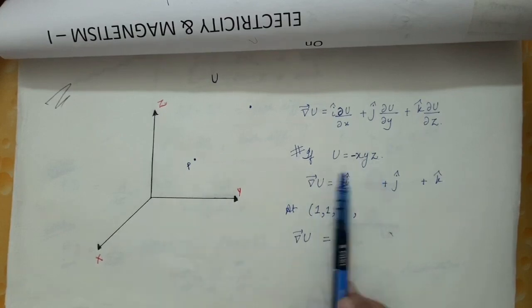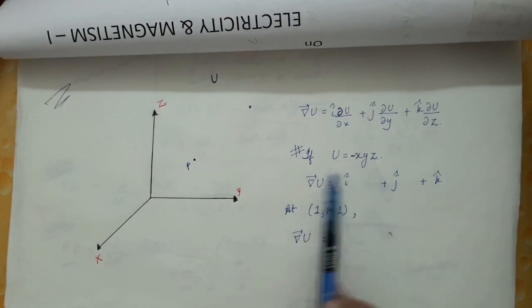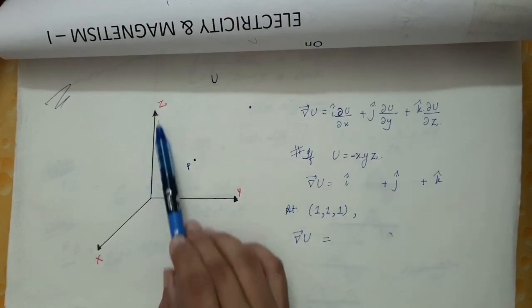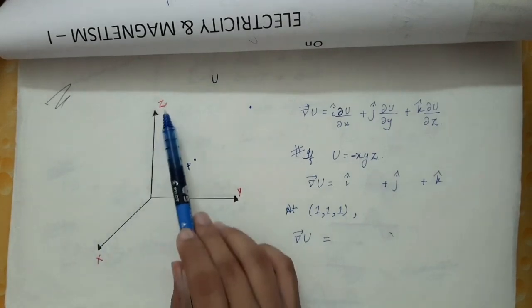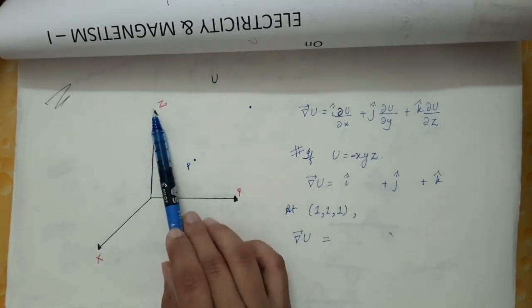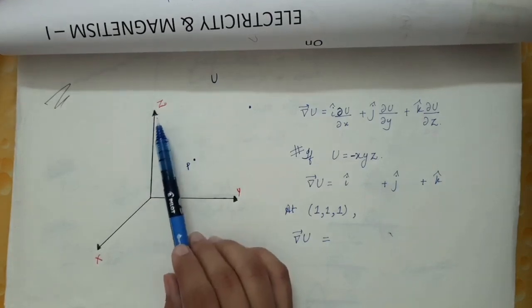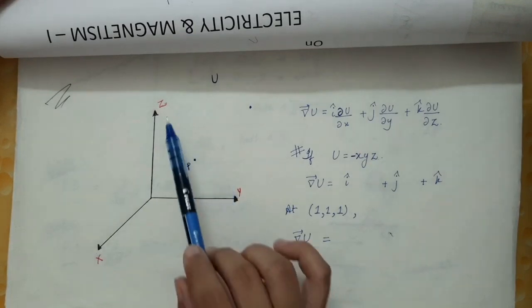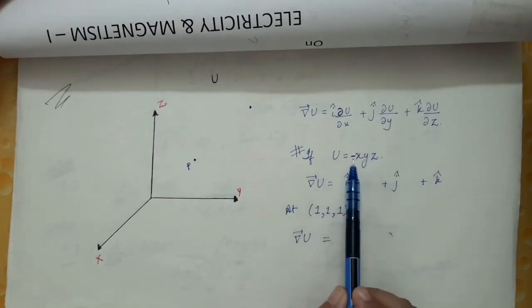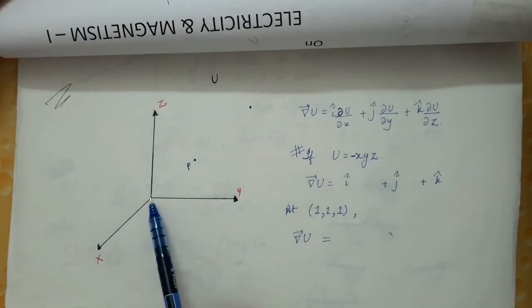At the origin u will be equal to 0. On the y-axis the z and x coordinates are 0, on the z-axis the x and y coordinates are 0, and on the x-axis the y and z coordinates are 0. So u is equal to 0 on the axes as well as at the origin.